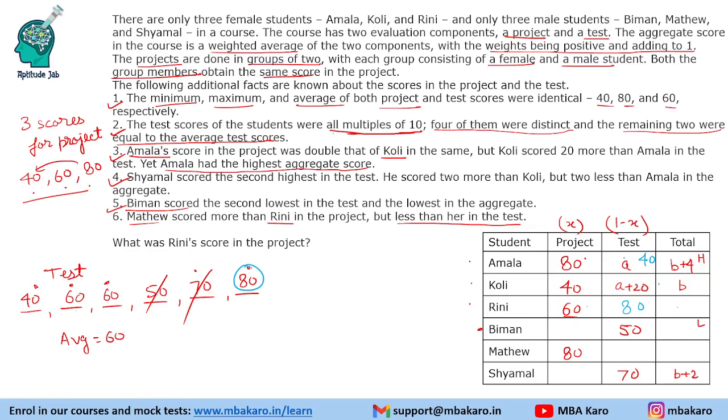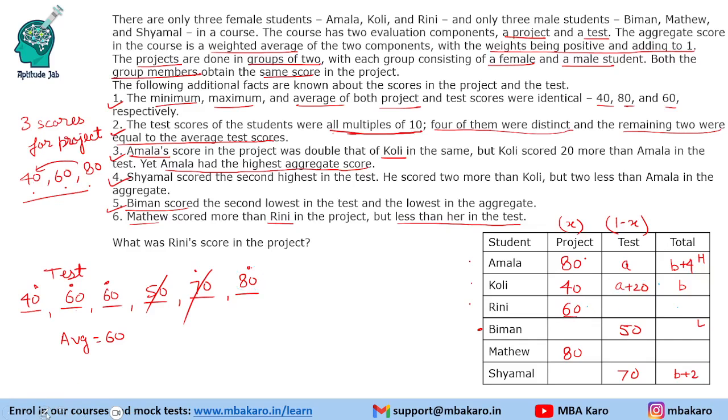It is not possible for Amala to have the highest total, because although the weight is involved, his aggregate is less. And Kohli has 100, and of course Shyamal will achieve a good score. So it is unlikely that Rini is 80 over here.